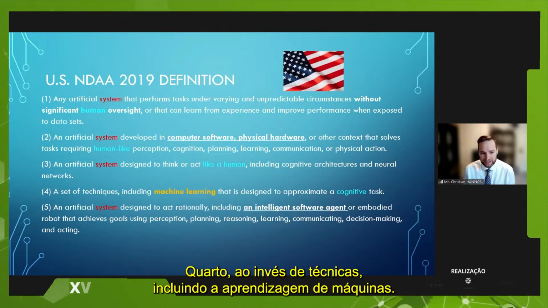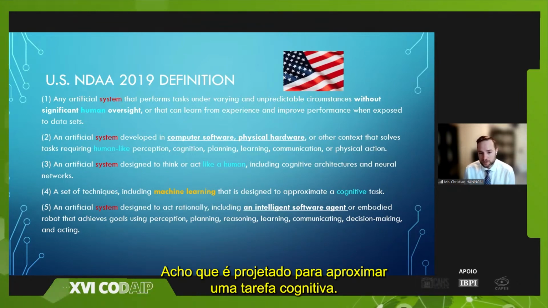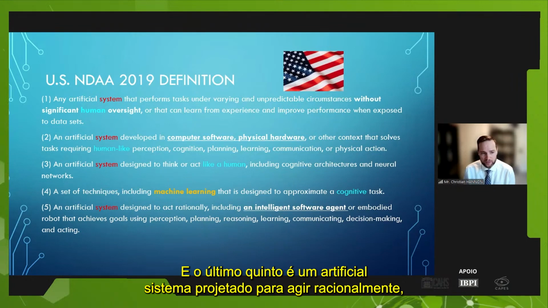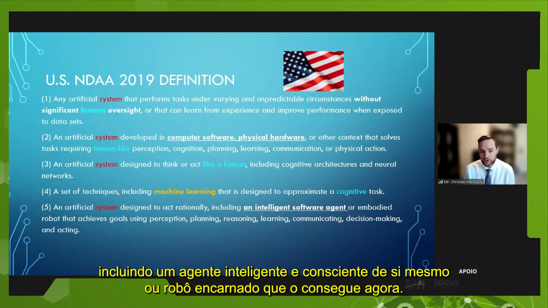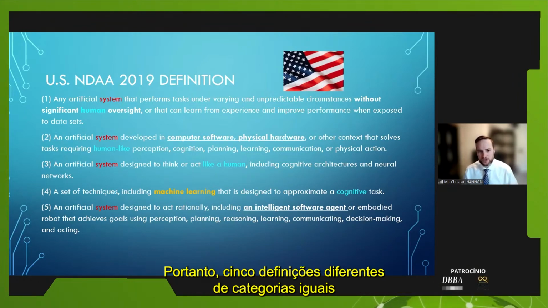Fourth, a set of techniques, including machine learning, and that's really important that we've said machine learning expressly here, I think, that is designed to approximate a cognitive task. And the last, fifth one, is an artificial system designed to act rationally, including an intelligent software agent or embodied robot that achieves. So now we're getting more into what it could be in a robotic sense in this last one. So 5 different definitions, all equally categorized as AI in the US.